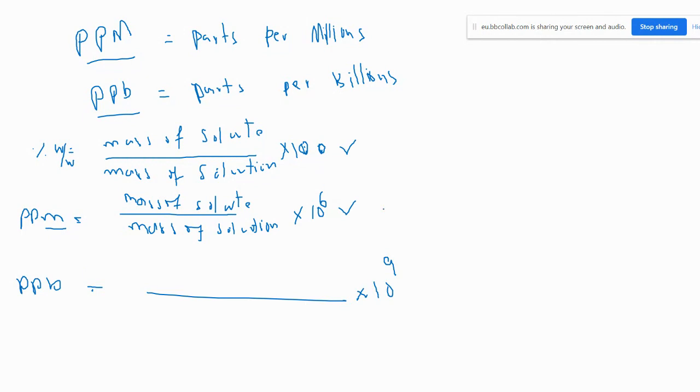But the question is, if we have a percentage, why do we need ppm and ppb? Okay, I will give you an example. Suppose you have a water bottle, the smaller one, maybe 330 ml or 500 ml.